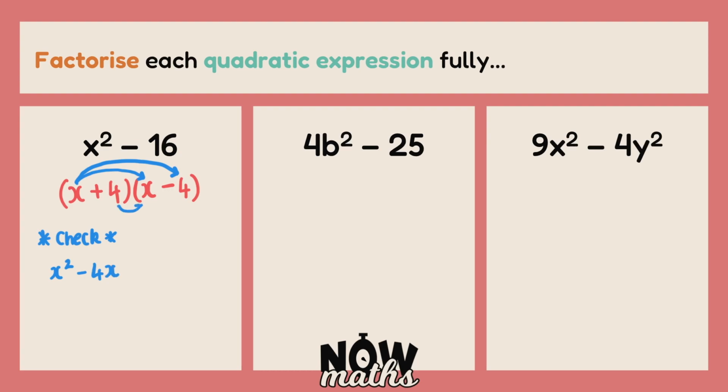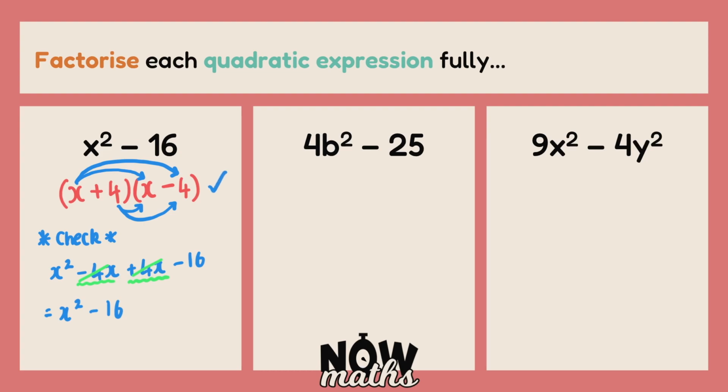Then +4 multiplied by x is +4x. And +4 multiplied by -4 is -16. Then we can simplify this expression because we have -4x and +4x, which add to give 0, which leaves us with just x squared subtract 16. And this is exactly what we started with, so our factorisation in red is correct.